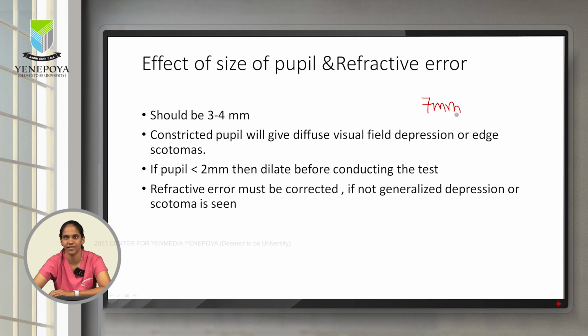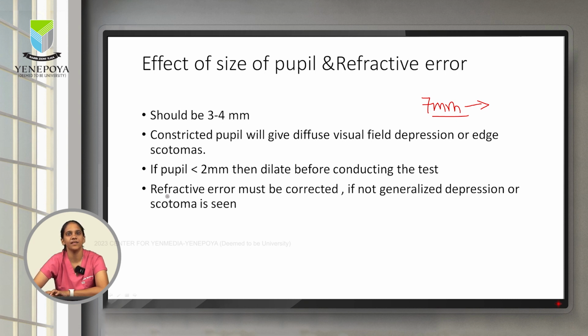You can still do that. But the problem is, this same diameter has to be mentioned for your future follow-ups, and that is not really ideal, right? So, that is why you usually avoid doing a perimetry after complete dilatation, but there is no absolute contraindication. So, if there is the necessity, you can still go ahead with the 7 millimeter dilatation, just that during the follow-up the same dilatation should be maintained.